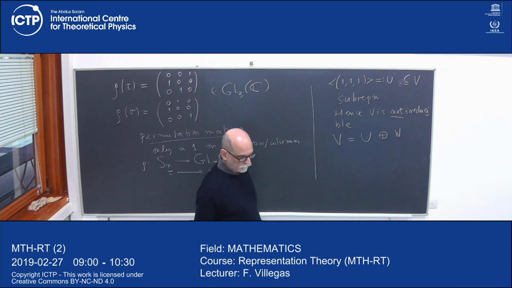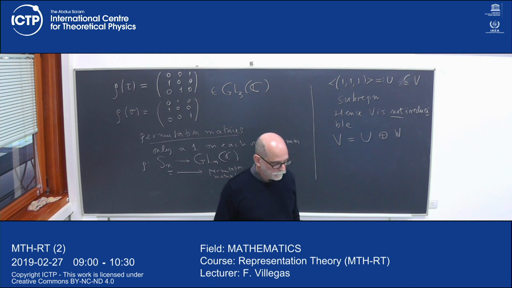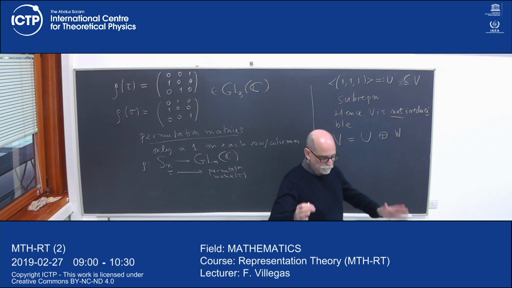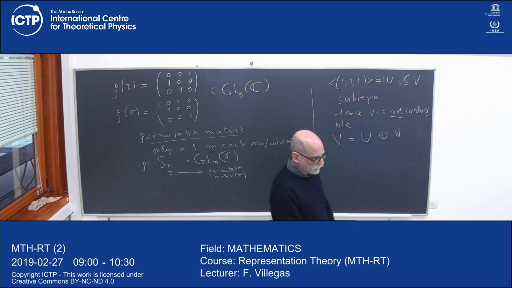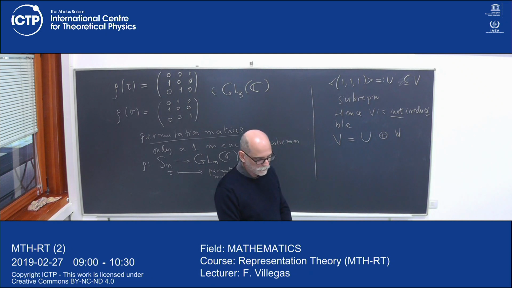Yes, because if two of the three coordinates are not the same and we make a permutation, they are still not the same. Yeah, but they might come out of this subspace. We're looking for a subspace W. This is of dimension 2, right? So we're looking for a plane in this three-dimensional space that also stays stable under the action of the group.